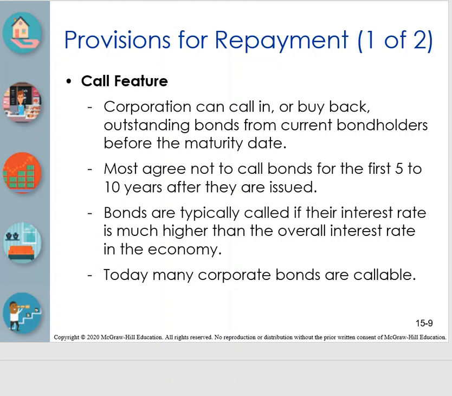So for instance, if Boeing issues a 10% bond, you purchase a Boeing bond that pays 10% interest, and now 3 years later, interest rates have gone down from 10% to 2%, Boeing's most likely going to call that bond back in because they don't want to keep paying you 10% interest when they can issue new bonds at a much lower rate of interest.